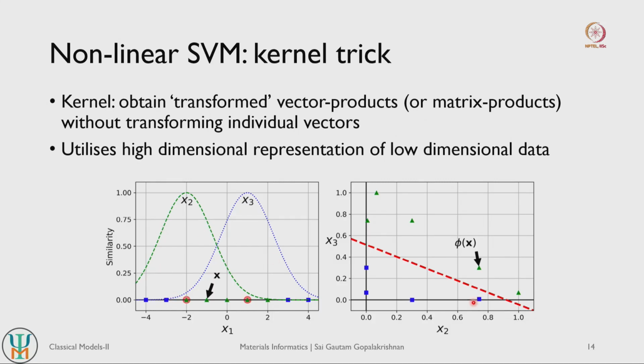So that would be this point here, right. So I am basically projecting my x1 values on the two Gaussians, and then plotting the values of the Gaussians themselves for the individual data points. So that is what I am doing here. I am plotting the values of the x2 Gaussian versus the x3 Gaussian, right.